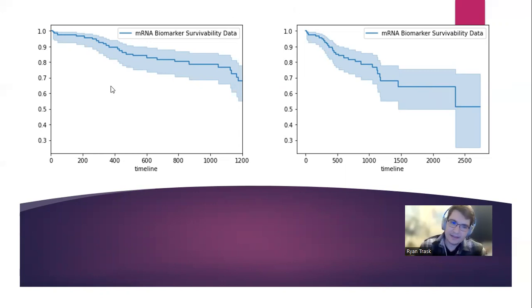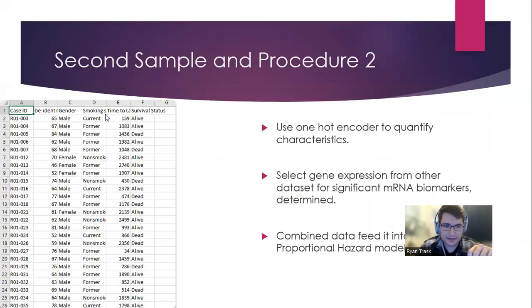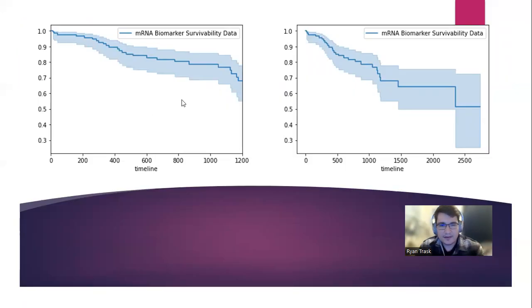So really, I would say this particular model is good for a 0 to 1200 timeline, time between last appointment and the event. So that's why I restricted the x-axis here on the left.